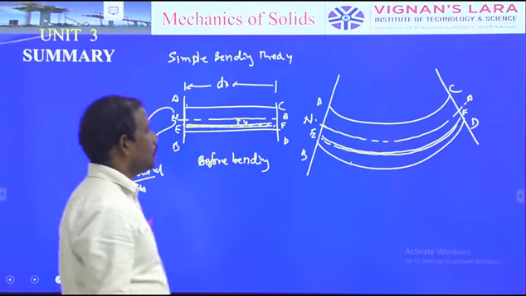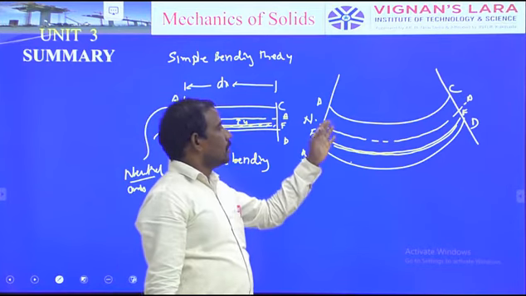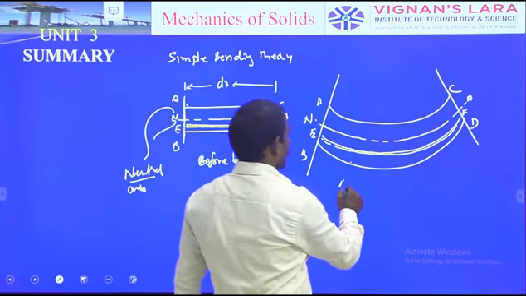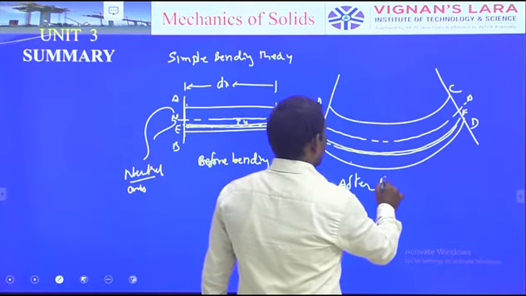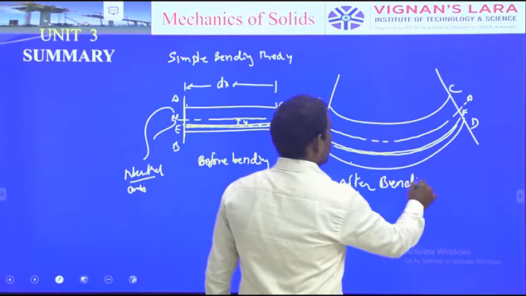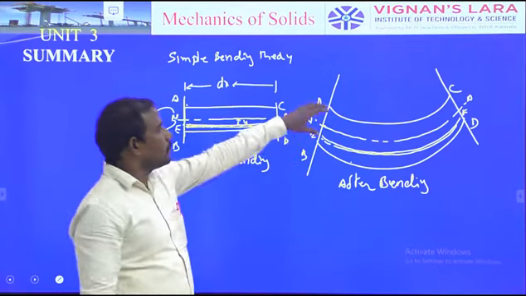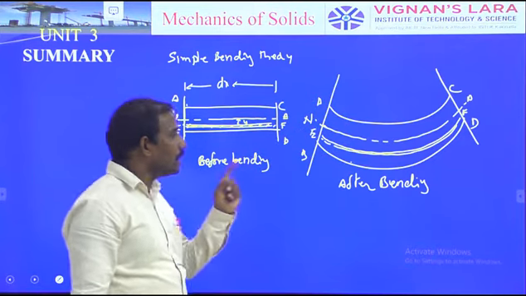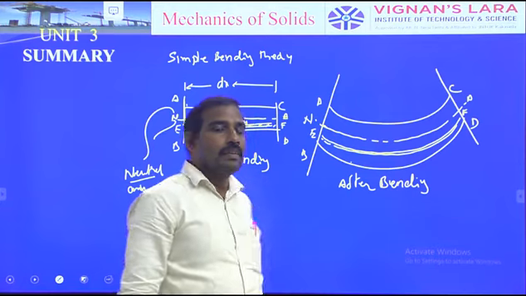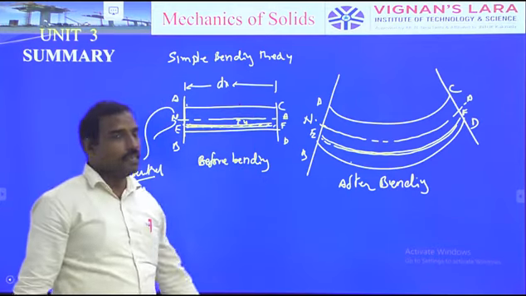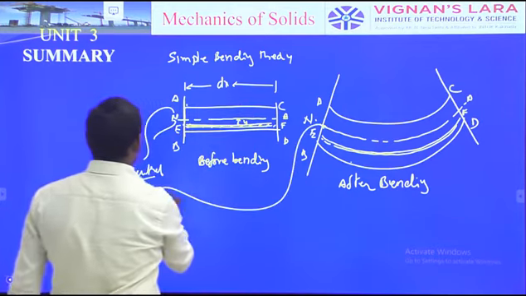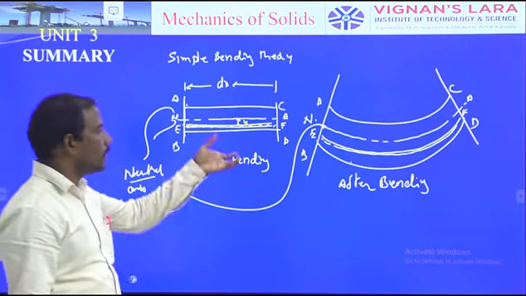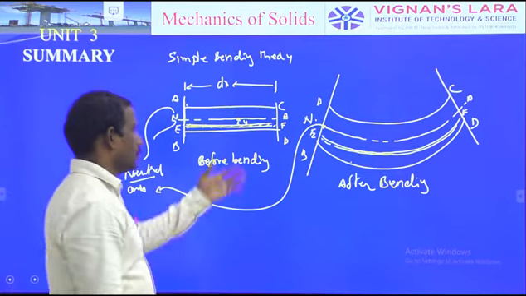So if you observe the layers before and after bending, some of the layers decrease in length, some increase in length, but one layer neither decreases nor increases in length. That layer is considered as the neutral axis. Very simple one. So in a neutral surface, no doubt at all.